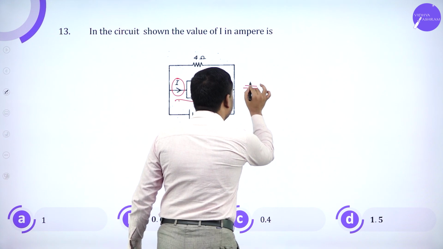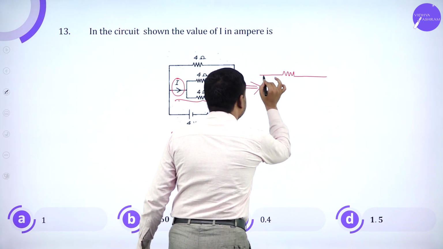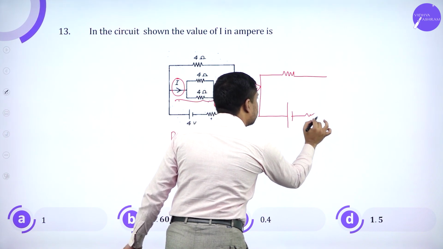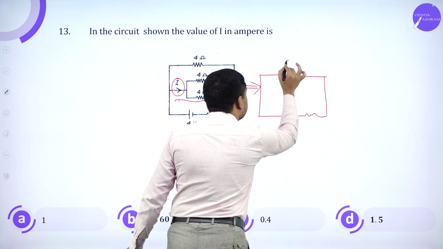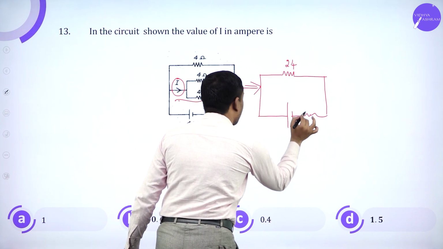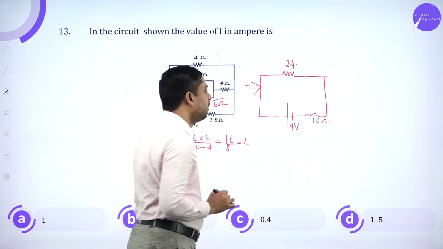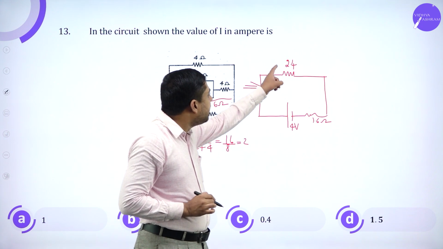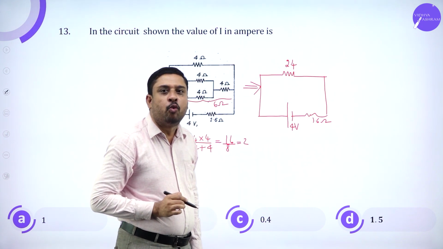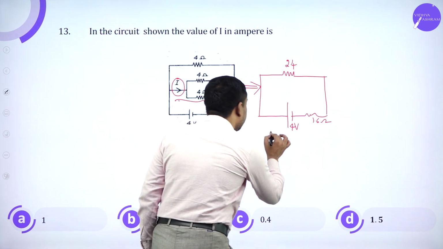So when you draw the equivalent circuit, again a resistance here. So this is 2.4. This is 4 volt. This is 1.6. So if you observe here, 2.4 and 1.6 are in series.